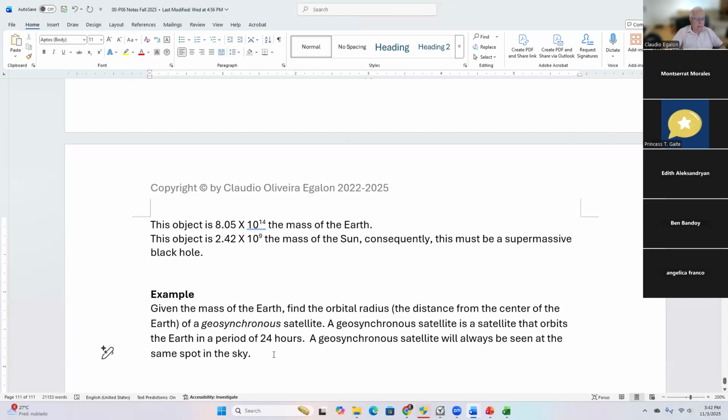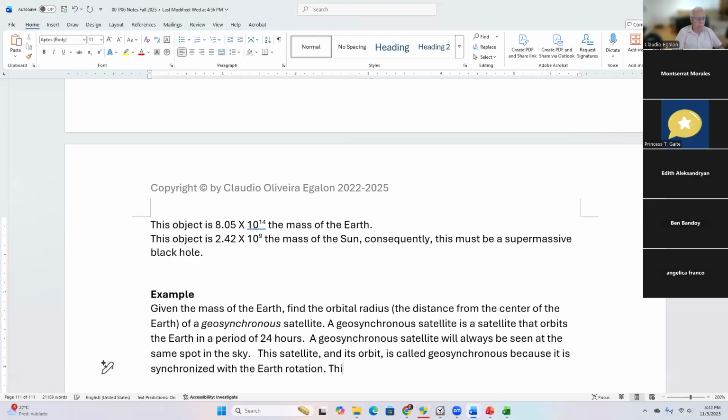Okay, let's put the satellite and its orbit, right? The satellite and its orbit are called geosynchronous because it is synchronized with the Earth's rotation.